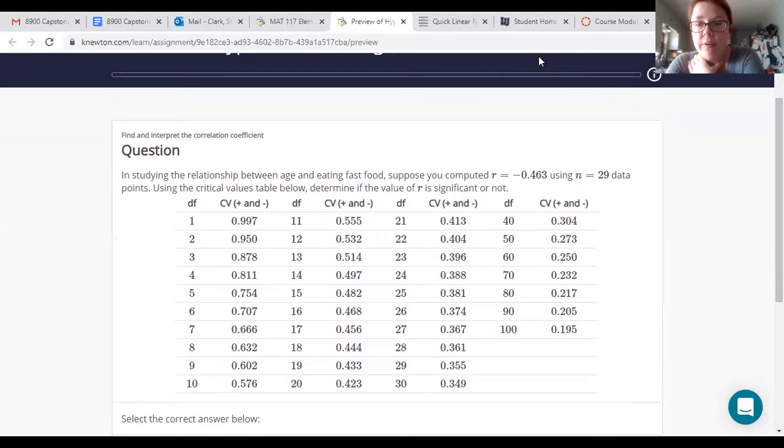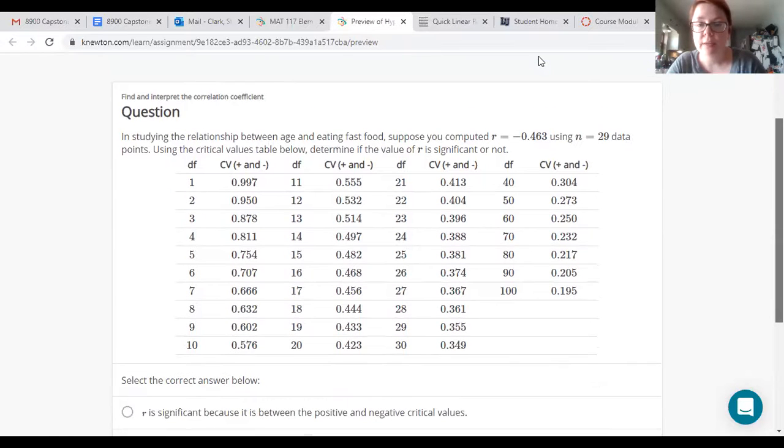So it tells us the R value right here, and it tells us the n value, how many are in the sample, and whether or not it's significant depends on, again, determining the relationship between R and the critical value.